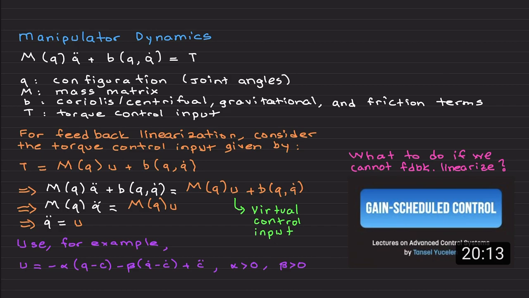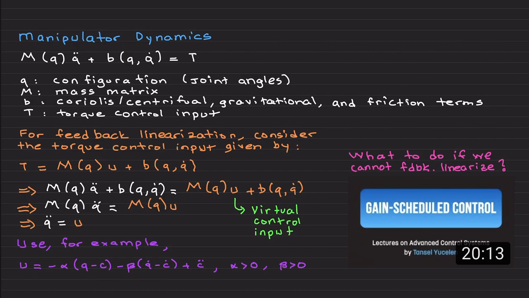Manipulator dynamics. Fully actuated manipulator dynamics often have this form. Here M is the mass matrix, Q is the configuration, and B is a nonlinear function that stores Coriolis, centrifugal, gravitational, and friction terms, and T is the torque control input.